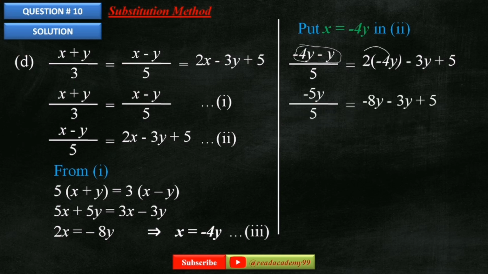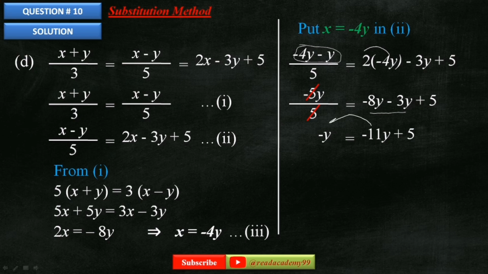So we have minus 5y over 5 equals minus 8y minus 3y plus 5. Now cancel the 5 and 5 here and add the like terms on the right-hand side. So minus y equals minus 11y plus 5.